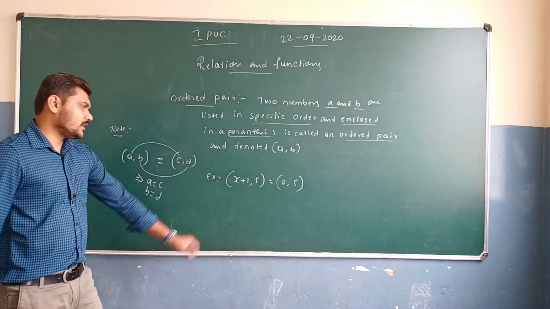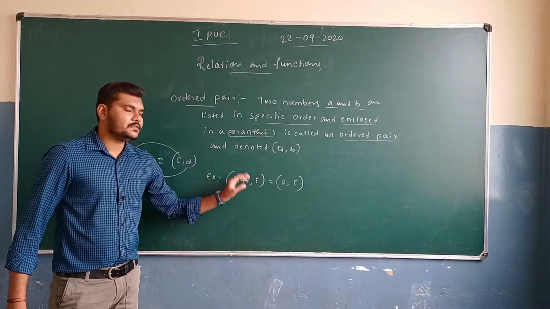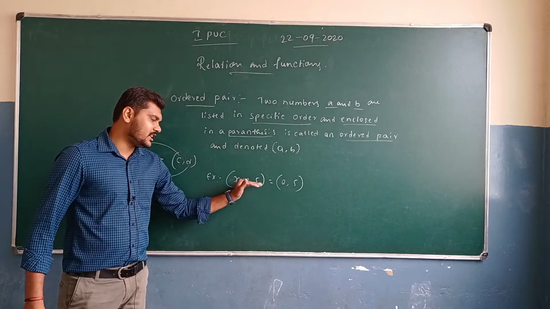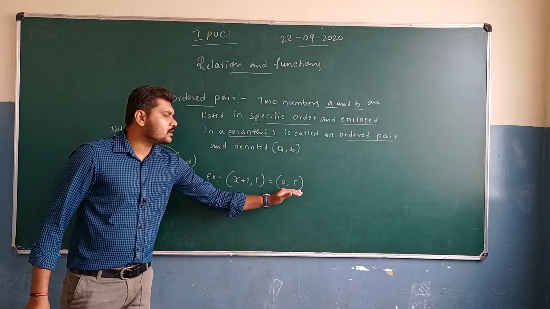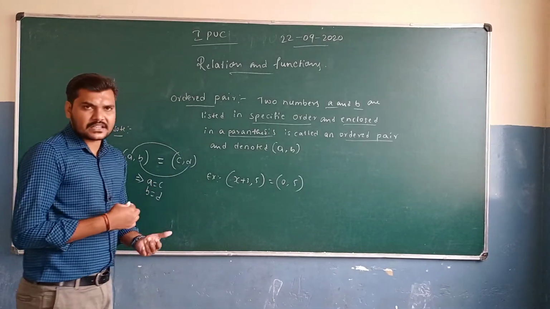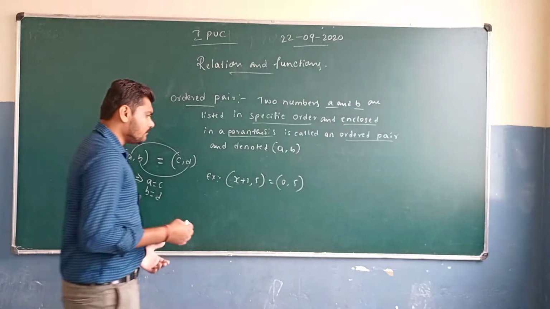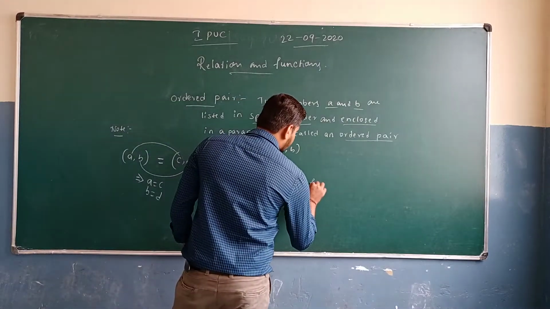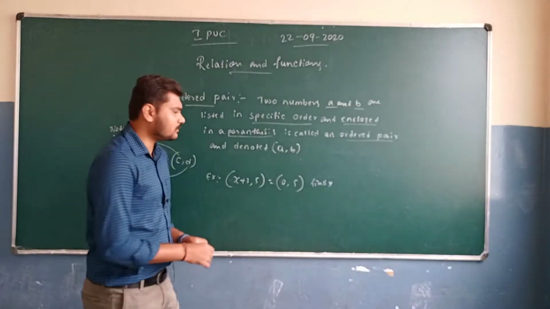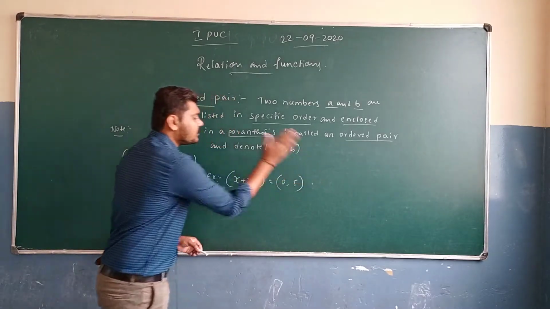So the ordered pair x plus 3 comma 5 is equal to the ordered pair 0 comma 5. If they are equal, what will the corresponding elements be? They will be equal. Now what are we asked? Find x. So we need to find out the value of x.